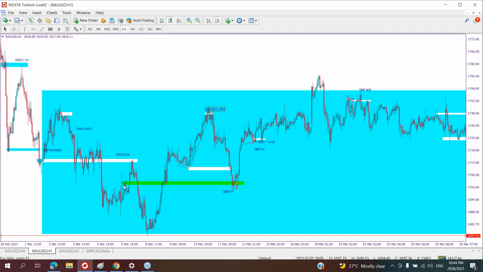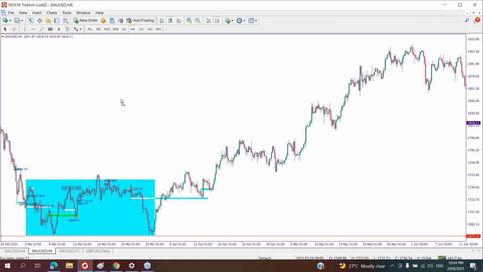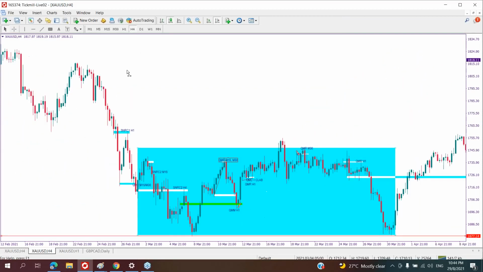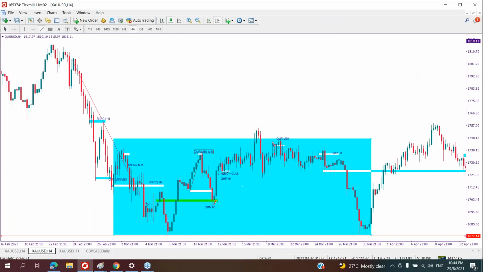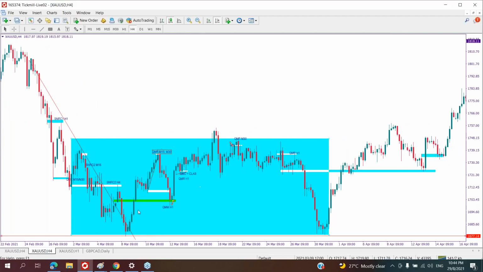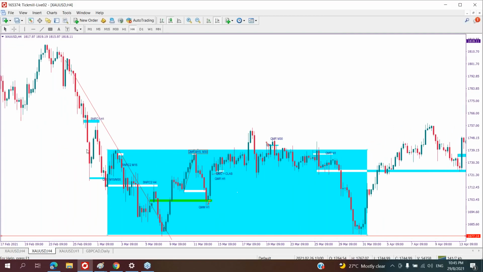Any question? How to detect a sideways market? Okay, price is making a downtrend.